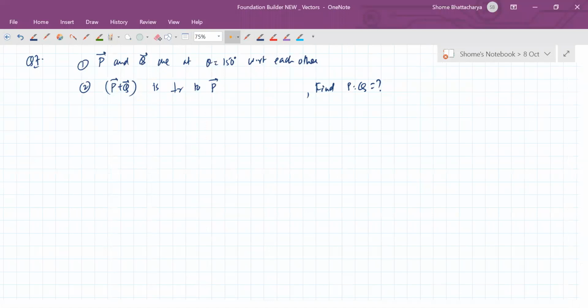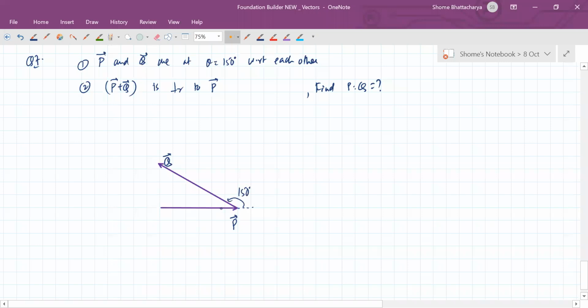So if you construct the vector triangle, you see that if this is the vector P, the vector Q has to be at 150 degrees to it. So it has to be something like this, so that this angle here is 150 degrees.